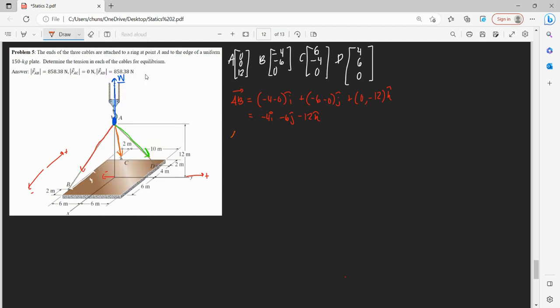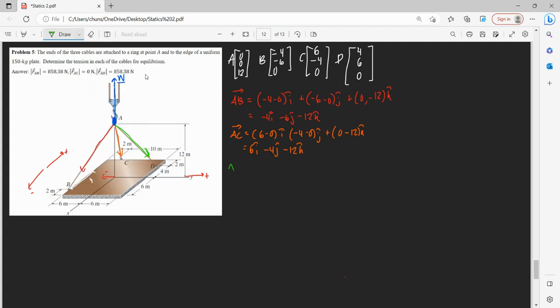Let's do AC now. So this is 6 minus 0, i. This is -4 minus 0, j. And this is 0 minus 12k, which is equal to 6i minus 4j minus 12k.